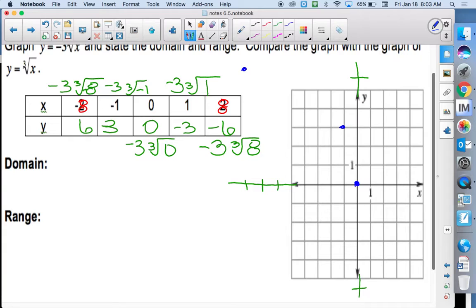We have 1 at 0, 0, and then 1 goes down to 3, and then -8 goes down to -6. So play connect the dots. Try and make it curved. So all your graphs should be curves now. They shouldn't be lines. We're done graphing the lines.